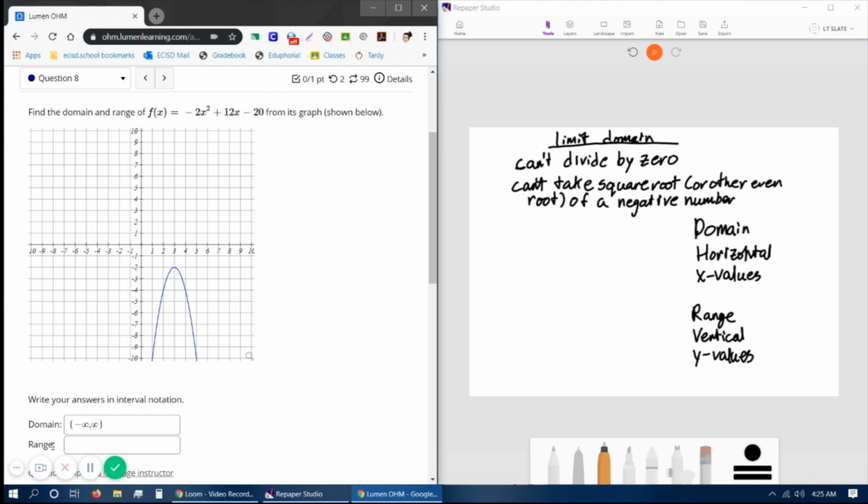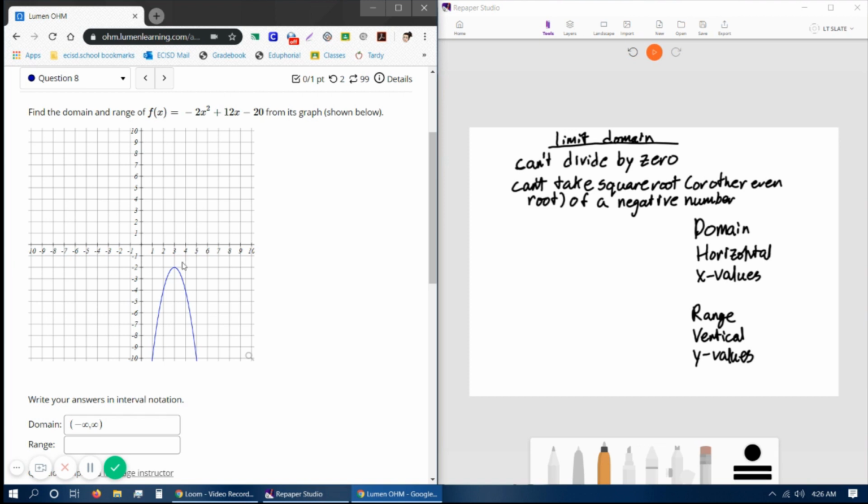I also need to find the range. The easiest way to find the range is to look at the graph. Remember that range is the vertical y values. I know the function will continue going down forever, but it stops going up at this point right here where y equals negative 2. This means that negative 2 is the highest y value for your function.